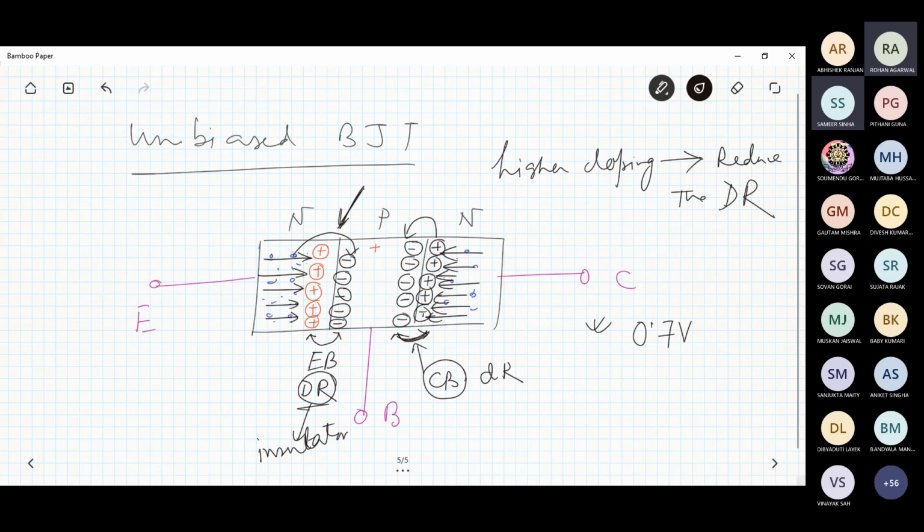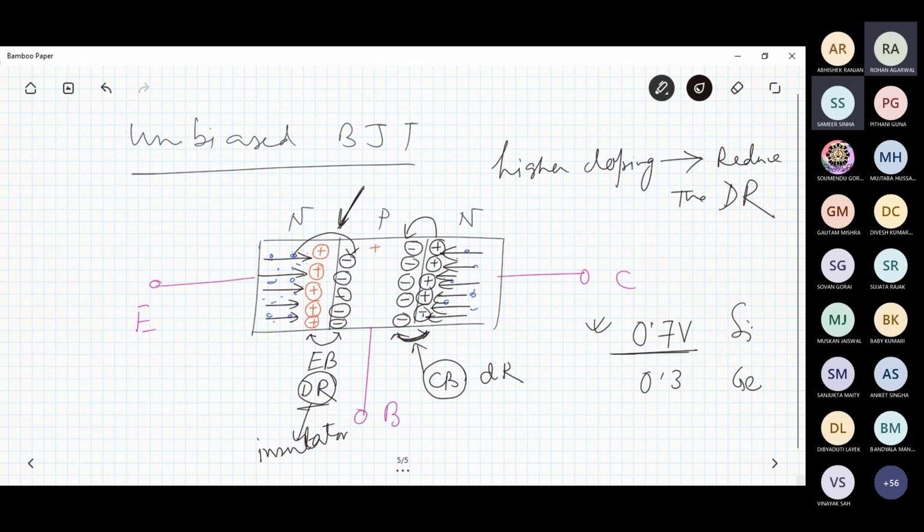In general, for your course, it's 0.7, but truly speaking, it's not exactly 0.7. So 0.7 volt is a rough approximation at 25 degrees centigrade for silicon, and 0.3 volt for germanium.